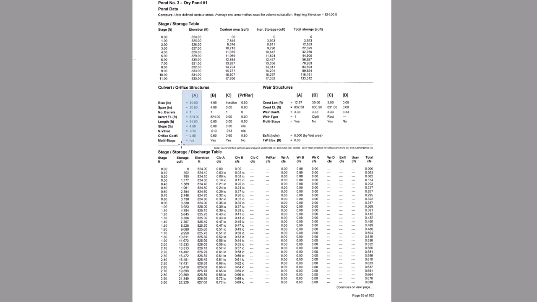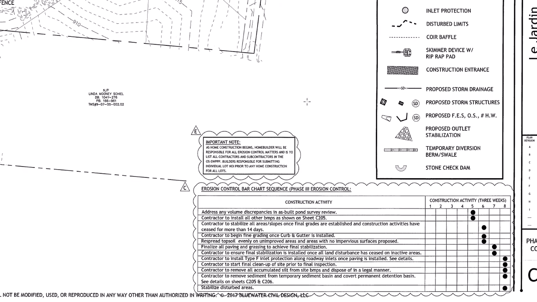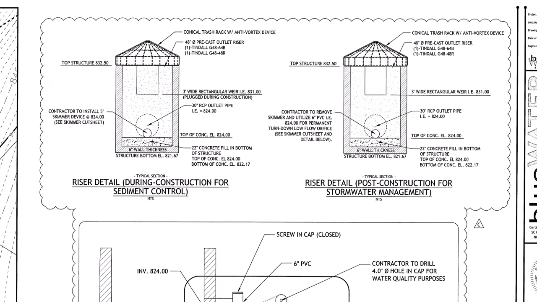First, looking at A, which is the outlet barrel, we're going to see if it's 30 inches at an invert elevation of 824.